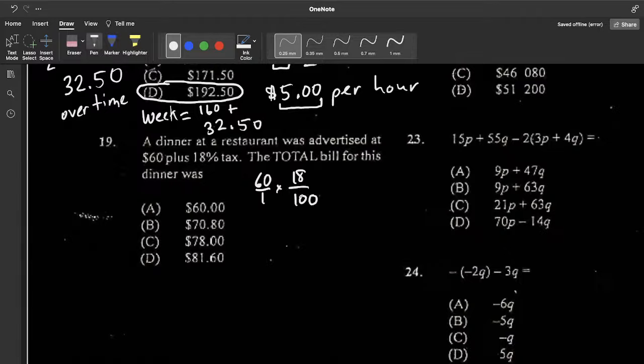So we could say, okay, 10 could go into 100 10 times, 10 could go into 60 6 times. 10, we could also put 2 into 10. 2 into 10 goes 5 times. 2 into 18 goes 9 times. So we end up here with 9 times 6. And 9 times 6 would give us 54.